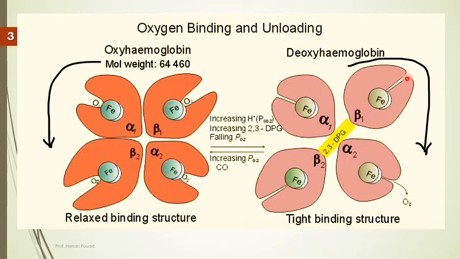So the heme pocket becomes narrow and the oxygen leaves hemoglobin at the tissue, when the partial pressure of oxygen decreases. Another molecule we are going to study today, called diphosphoglycerate, DPG, also leads to rotation in this direction, and this is the tight form of hemoglobin, the T form, the deoxygenated hemoglobin. This occurs at the tissue.